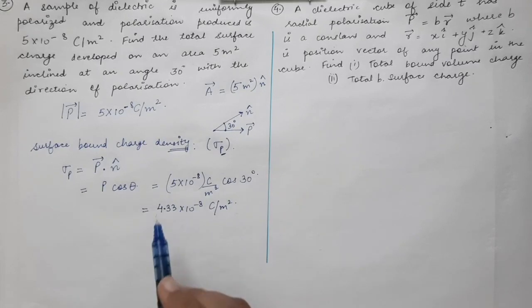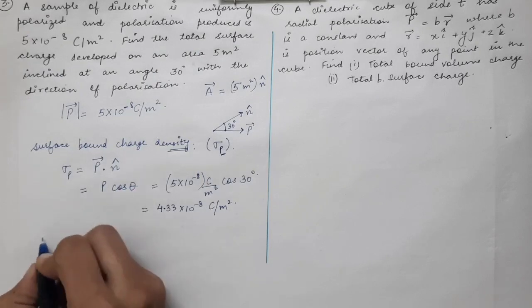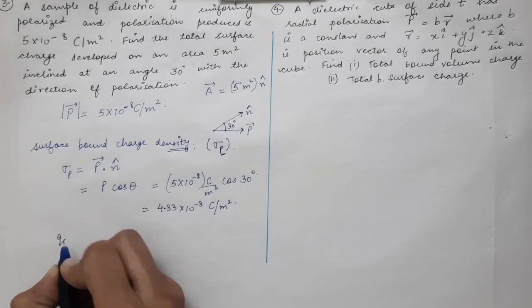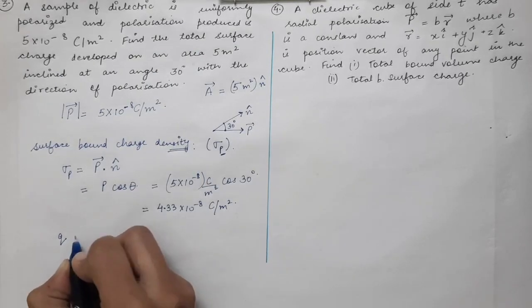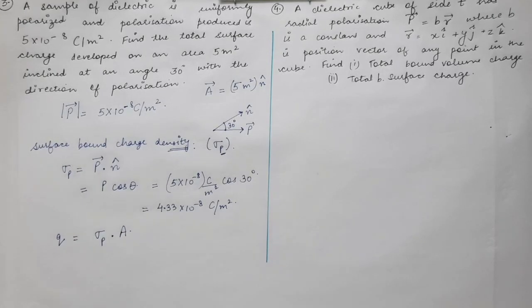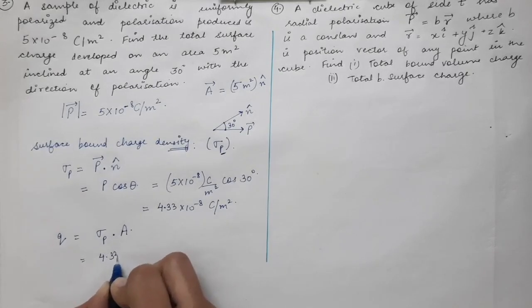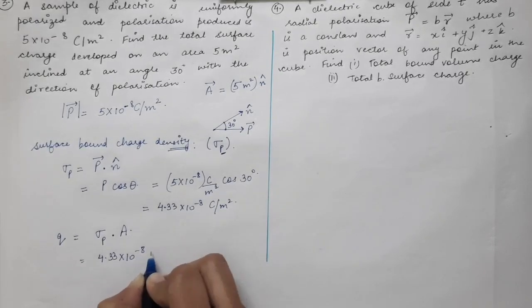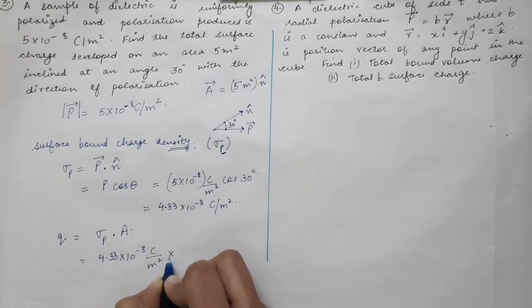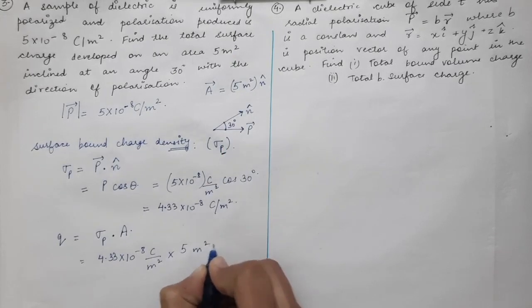Now we are asked in the numerical to find the total surface charge. The total charge present on the surface will be just sigma p into the total area. Sigma p we have already calculated as 4.33 into 10 power minus 8 coulomb per meter square, into the total area which is 5 meter square.